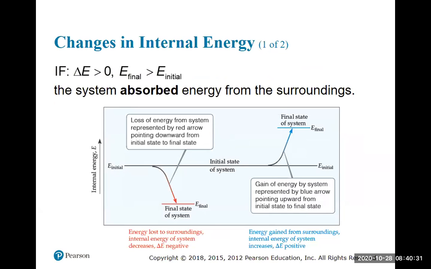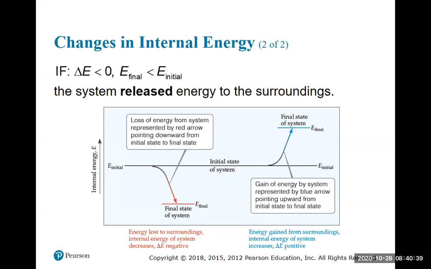So if energy is absorbed, delta E is going to be positive. Positive means endothermic. And by contrast, if energy is given off by the system, released, then it's going to be negative and it's going to be exothermic. So another thing you should be comfortable with is just that endo-exo thing, which is positive, which is negative.